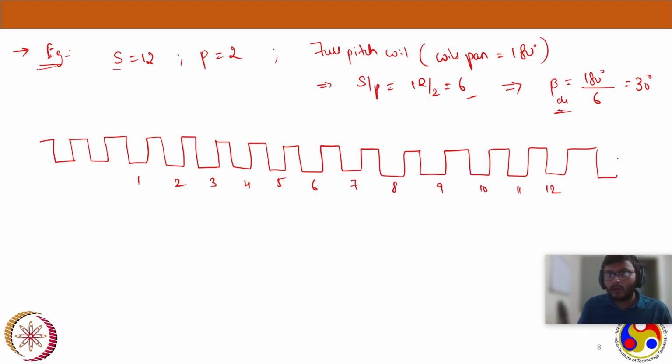So this is 12, and after that it will again repeat with 1. Now let's say this is my slot combination and we have two poles. One is the north pole and the other one is the south pole.